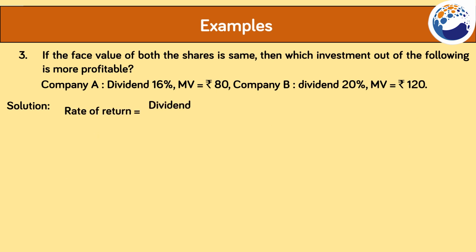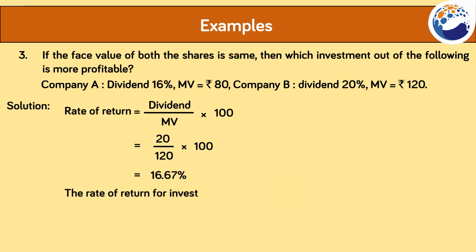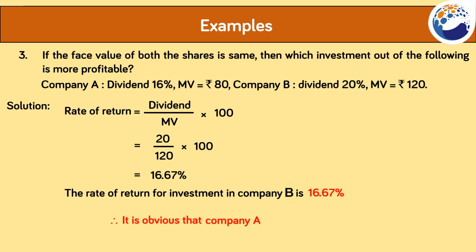Rate of return is equal to dividend upon MV into 100 is equal to 20 upon 120 into 100 is equal to 16.67%. Therefore, the rate of return for investment in company B is equal to 16.67%. Therefore, it is obvious that company A is more profitable.